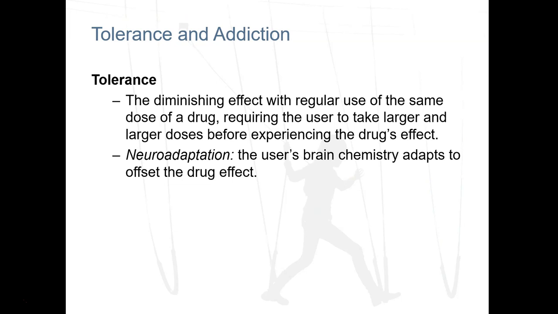One key concept in understanding drugs, as well as their contribution to addiction, is the concept of tolerance. This is basically where there's a diminishing effect with regular use of the same dose of the drug, which requires the user to take larger and larger doses before experiencing the drug's effect.